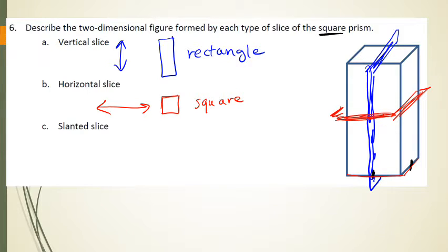What shape would we see if we did a slanted slice? I know it's a little tricky to draw this one, but this would be cutting through at an angle to make a slanted slice. And if you picture, again, opening that up, you would see something that looks kind of like this. It might not be quite as long as our rectangle up above, but it should be approximately that shape.